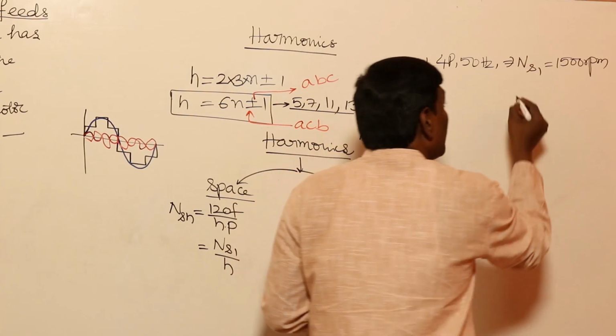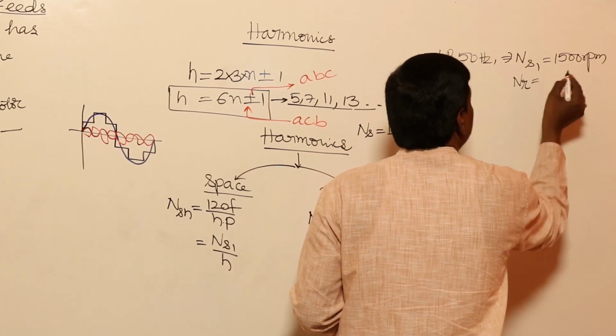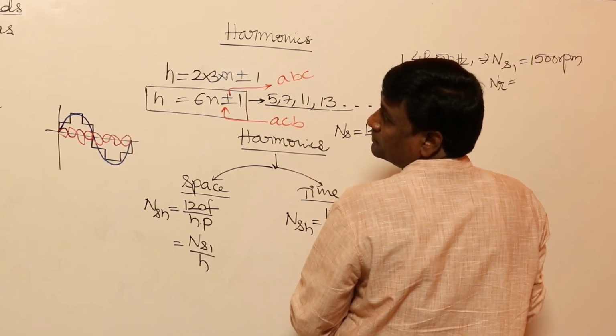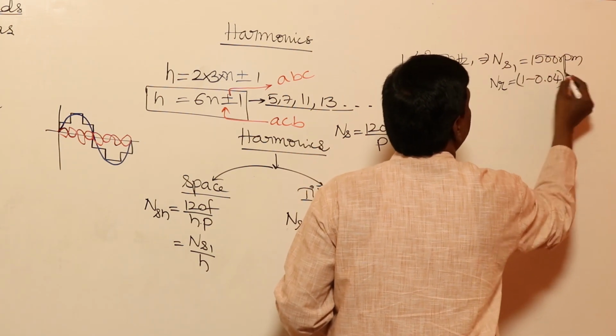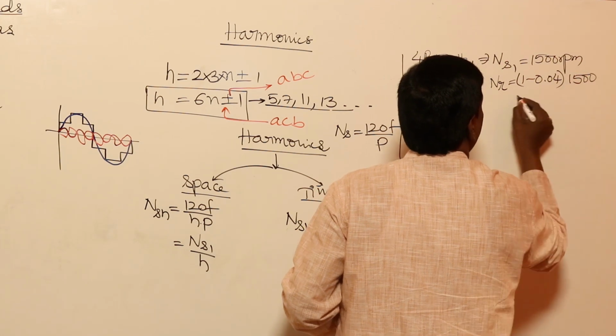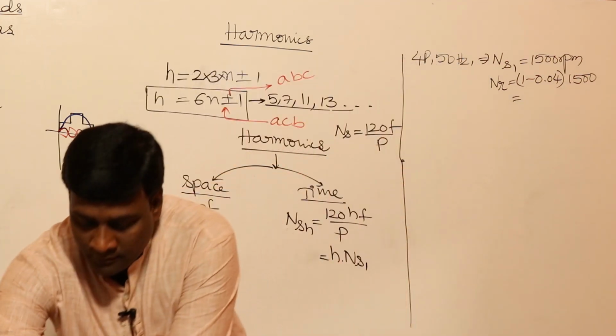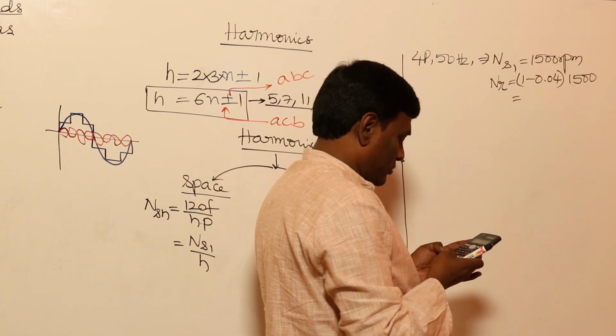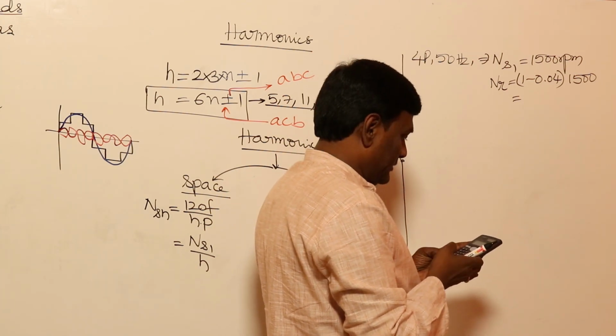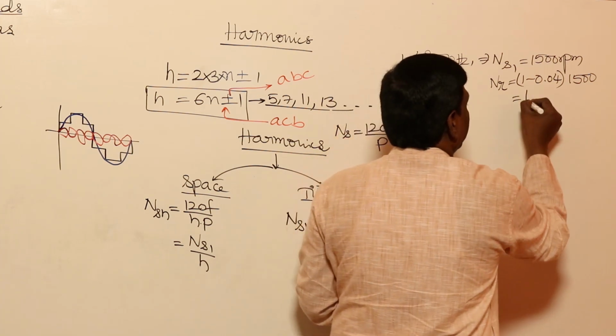Now what is the rotor speed? 4% is the slip, right? Yes, 4% is the slip. So 1 minus S into 1500, that is 1 minus 0.04 into 1500, is going to be 1440 RPM.